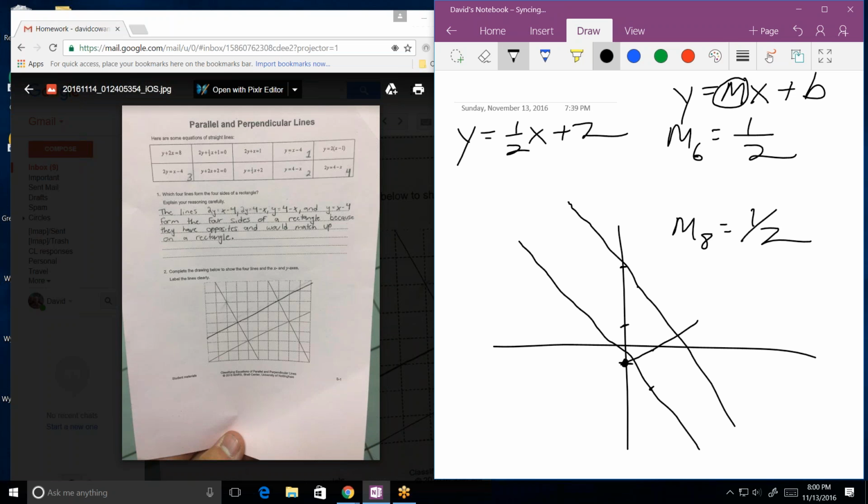And how do I graph its slope? In other words, I've got to get a second point. I can't draw a line until I have two points. So you go up 1 and right 2. Correct. Up 1 gets me to about there. To the right 2 gets me to about right there. Connect those two points. There's my rectangle.